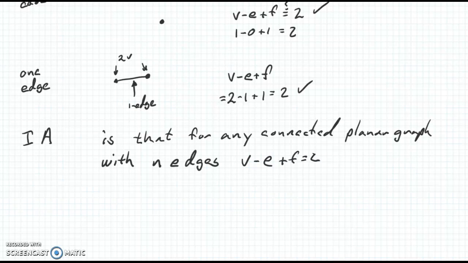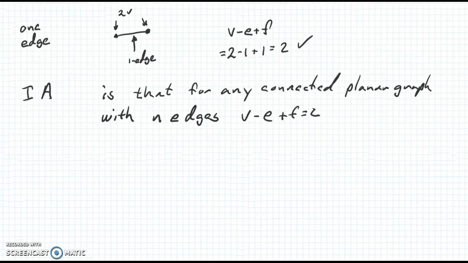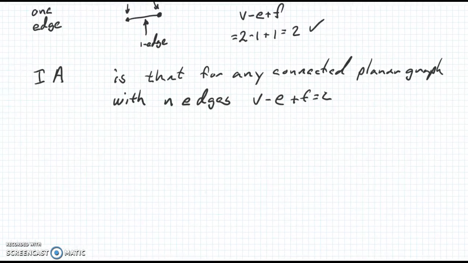So in other words, I did it for a graph with 0 edges, I did it for a graph with 1 edge. That's my base cases. The 0 edges is really my base case, but I did one more example. And then we're going to assume for any graph with n edges, this holds. And we're going to show that this implies that it's true for n plus 1, for any graph with n plus 1 edges.